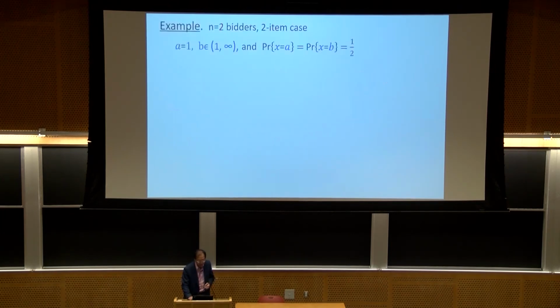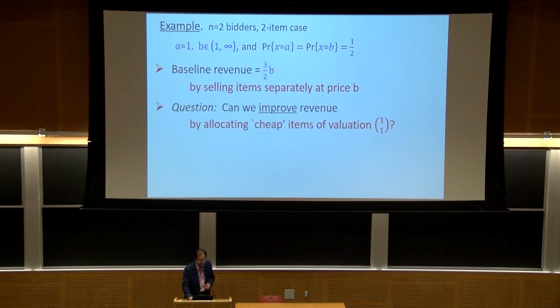Okay, so I'm just going to take 1 minute. The optimal proof for DIC is that, in order to do better than the baseline case, you have to try to sell some of the low-valued item.